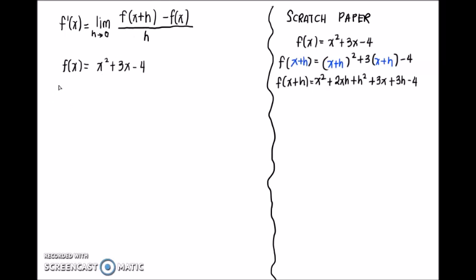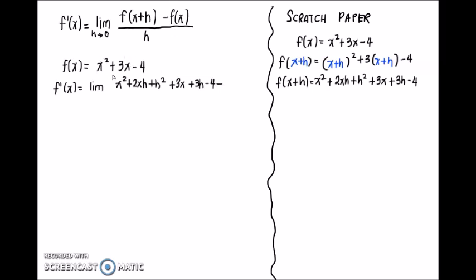So, balik tayo dito. F prime of x is equal to the limit of f of x plus h. Copy lang natin lahat to. So, this will give us x squared plus 2xh plus h squared plus 3x plus 3h minus 4 minus f of x.